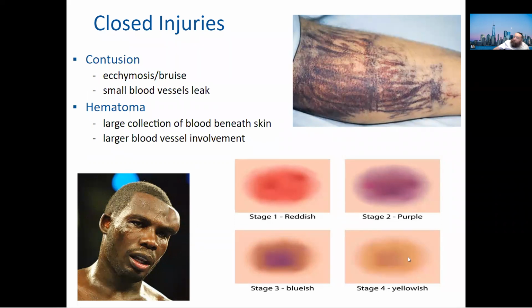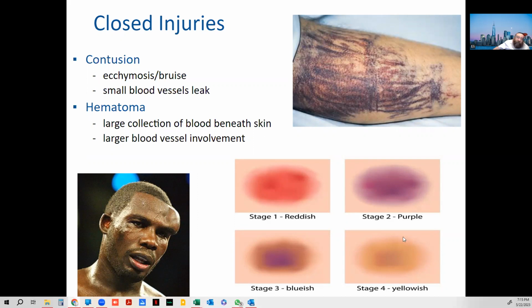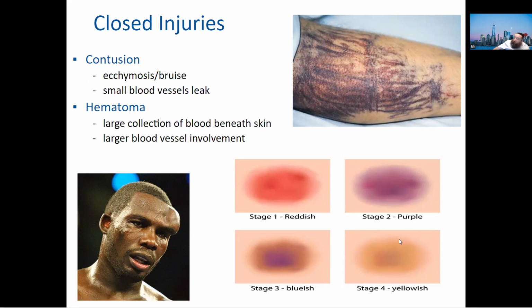These colors you don't have to learn. It's just when you look at a contusion, they go through at least 4 stages of healing. It starts where they're red, then they go purple, browny, bluey purple, and then yellow.